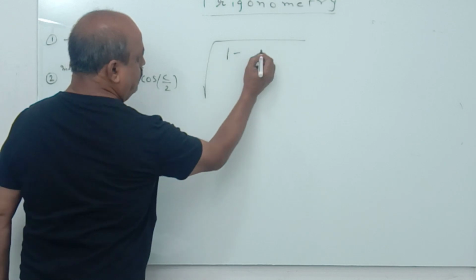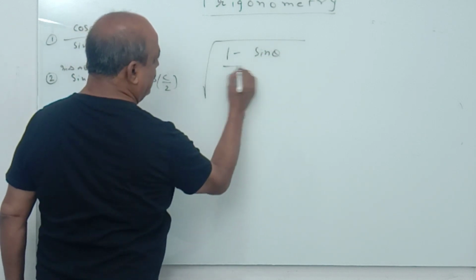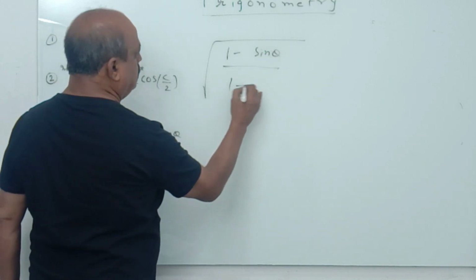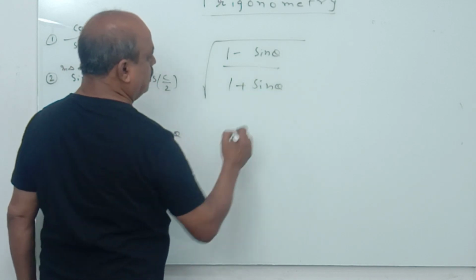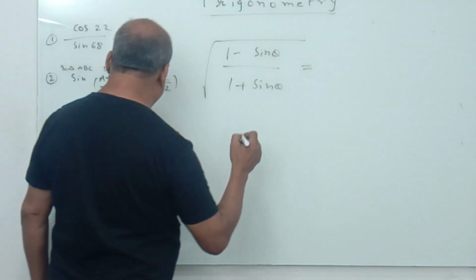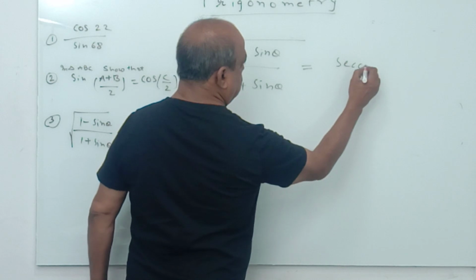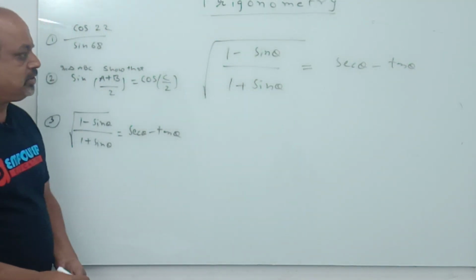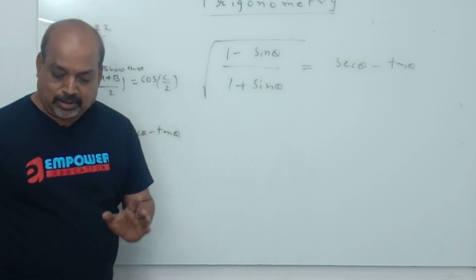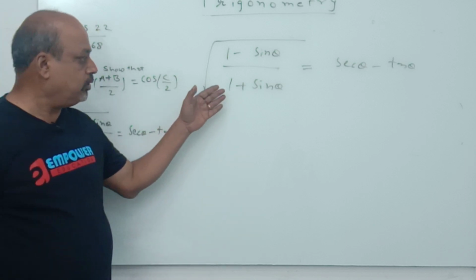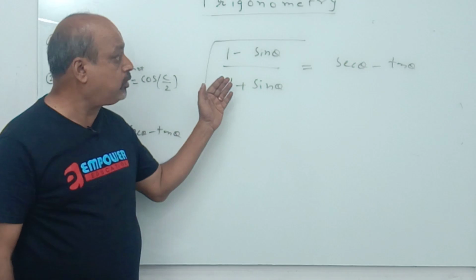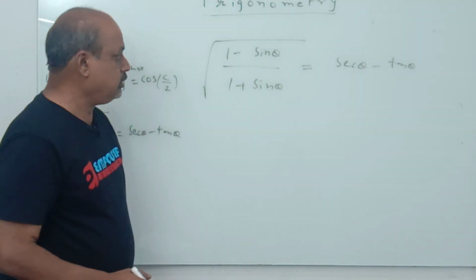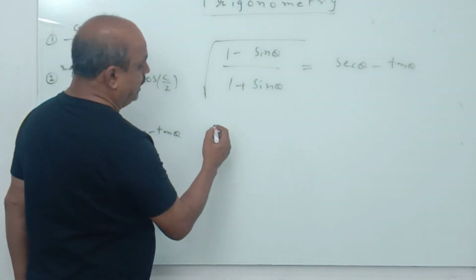Under root of (1 minus sine theta) upon (1 plus sine theta), and I have to prove it as sec theta minus tan theta. Whenever such root problems come, in 90% of cases you have to multiply and divide by the conjugate of the denominator. So what is the conjugate of the denominator?